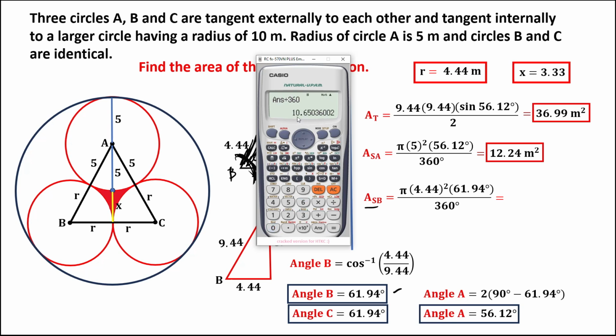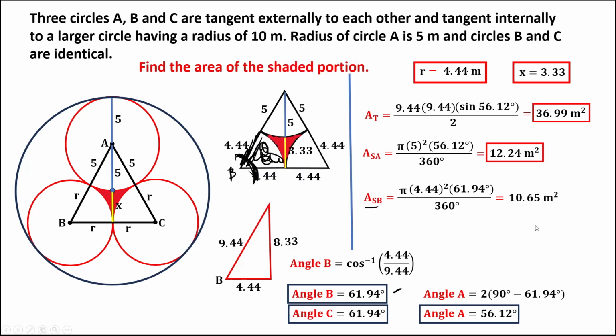The area of sector B is 10.65 meters squared. Since circles B and C are identical, the area of sector C is also equal to 10.65 meters squared.